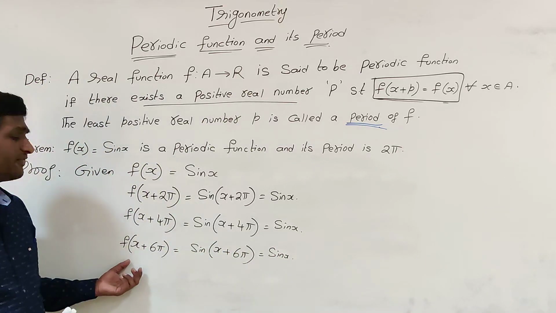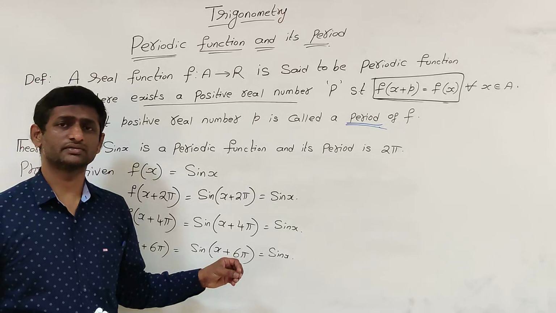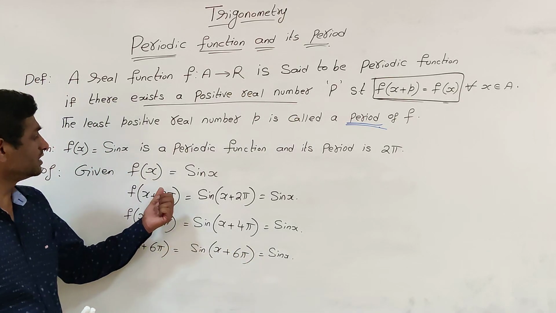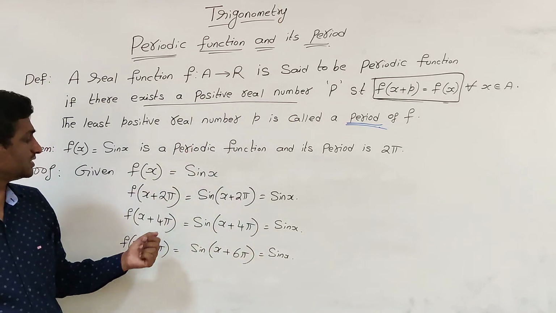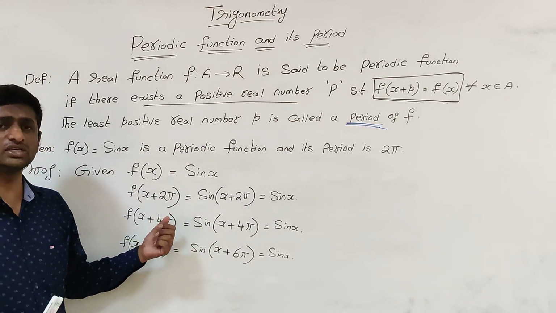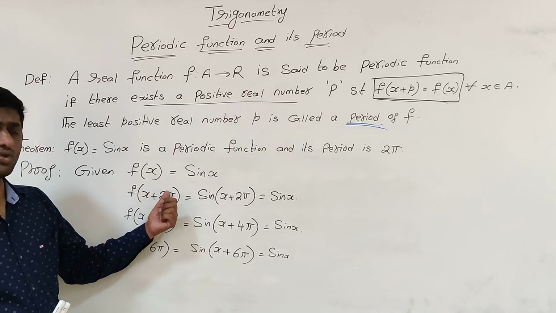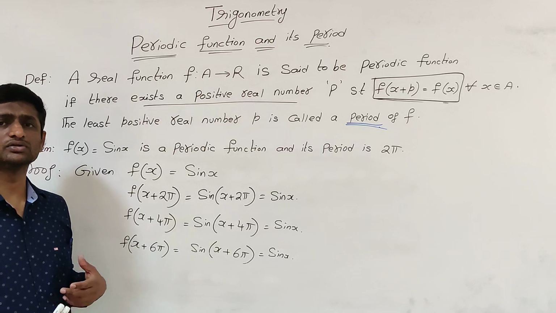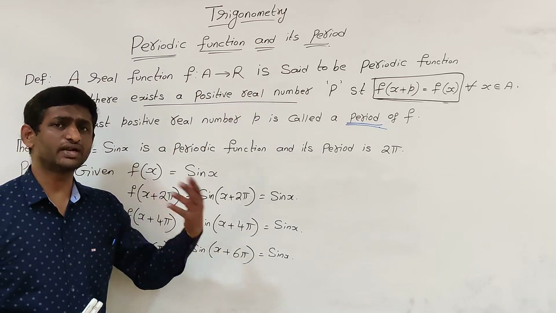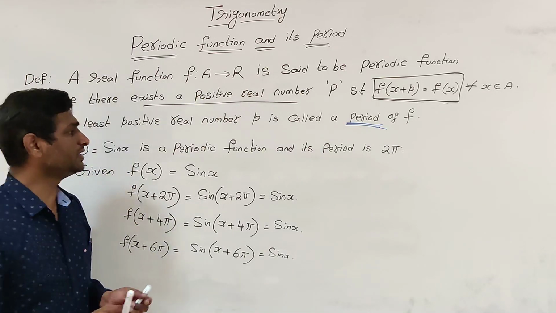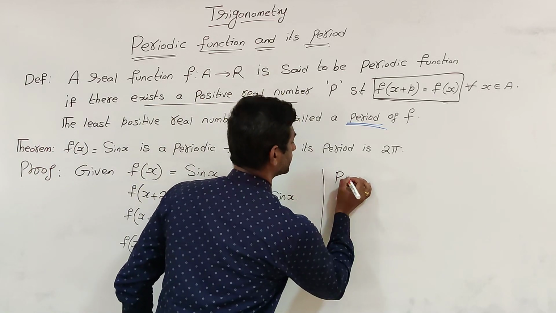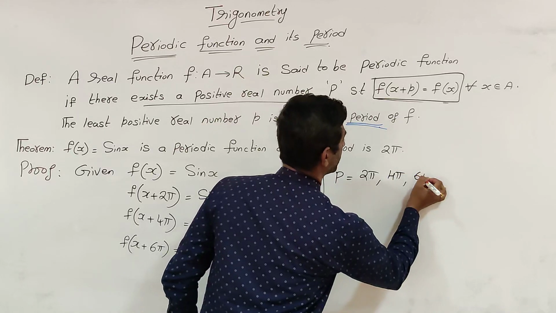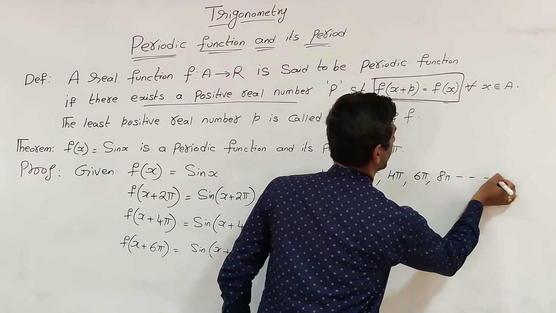Similarly, f of x plus 8 pi, you can check, again it will be sin x. So in the place of p, the real numbers are 2 pi, 4 pi, 6 pi, 8 pi, and so on. So it will have infinite values.